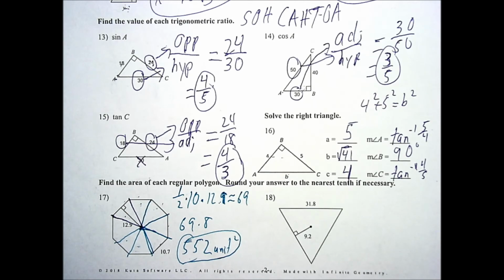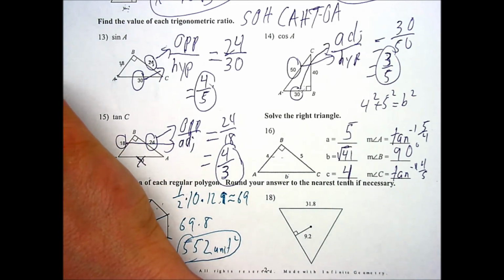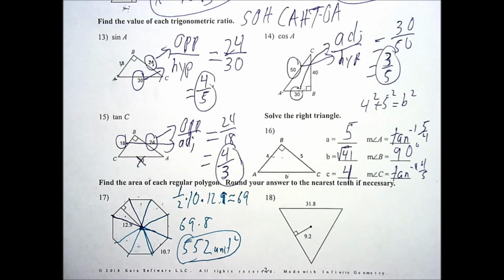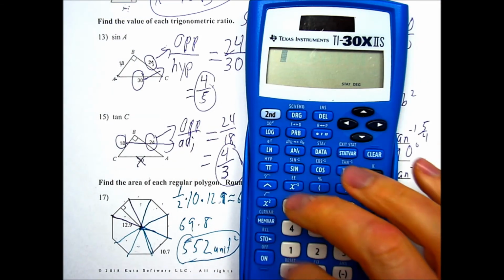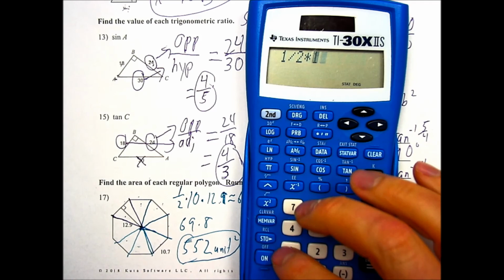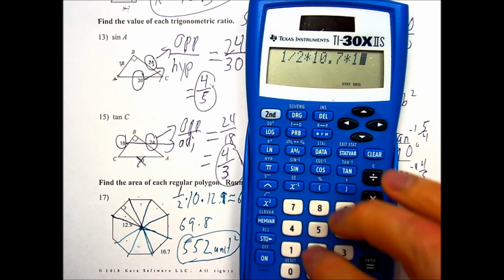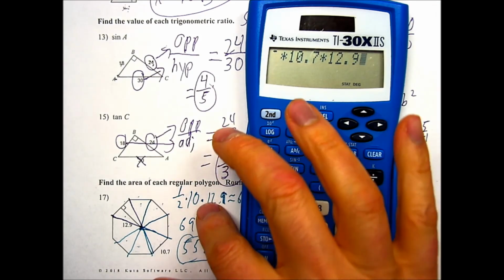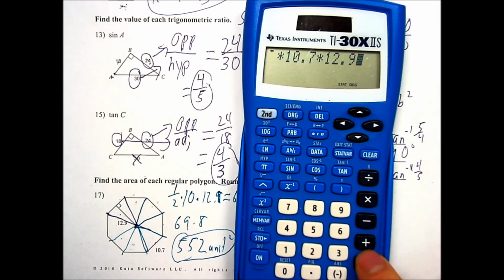And to get the area of one isosceles triangle within there, you do half the base times the height. Half of 10.7 times 12.9. And I don't think I wrote 10.7 there when I multiplied that. So let's retype it in the calculator. 1/2 times 10.7 times 12.9.